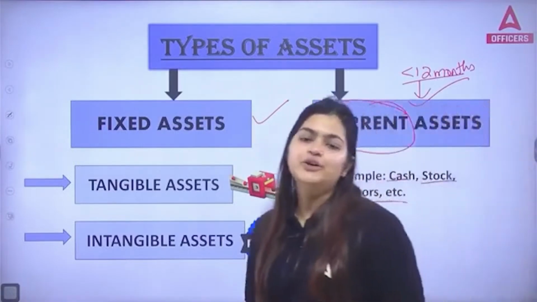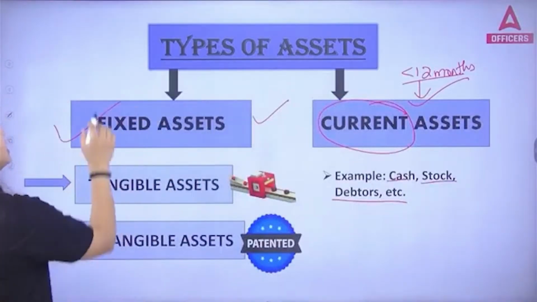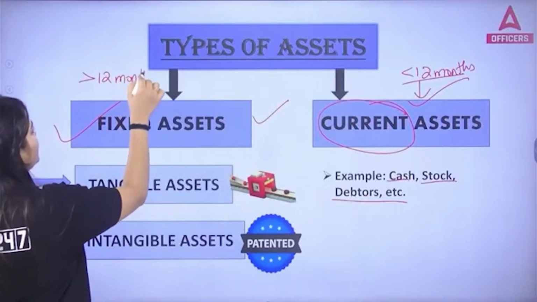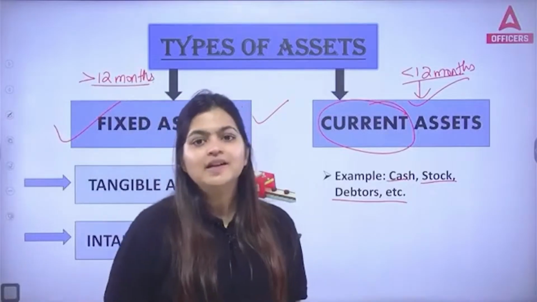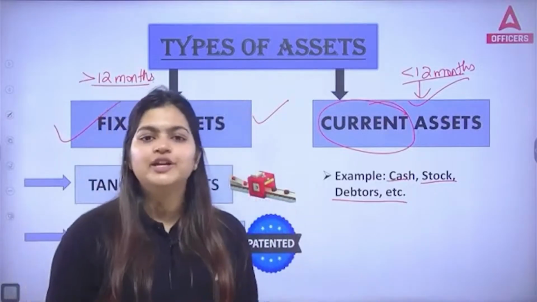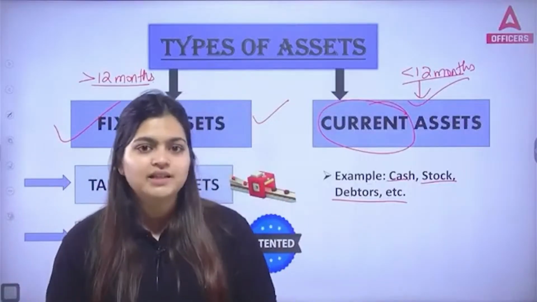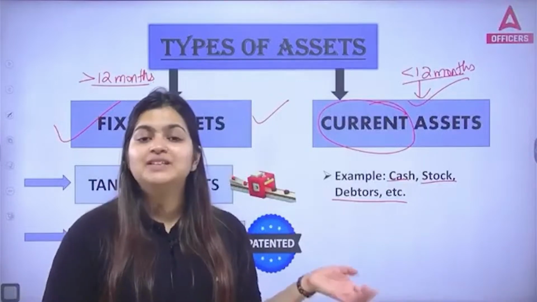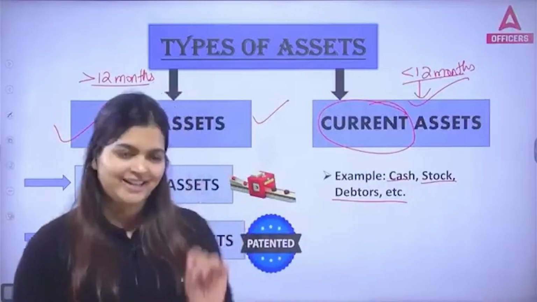Every day you are going to use it. But on the other hand, when we talk about fixed assets, their life is going to be more than 12 months. Once you purchase machinery, you are going to use it for more than 1 year. Every day, every year, you are not going to purchase a sofa set, TV, fridge, bicycle, car. So that is your fixed asset, because you are going to use it for more than 1 year.